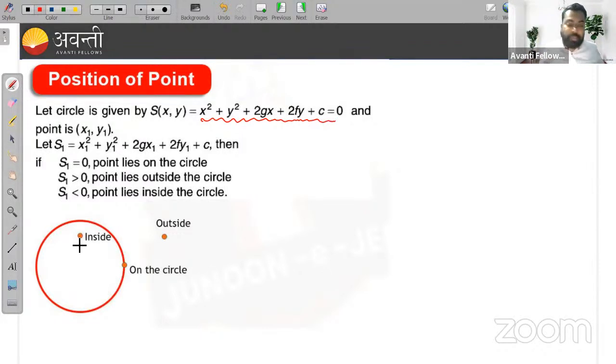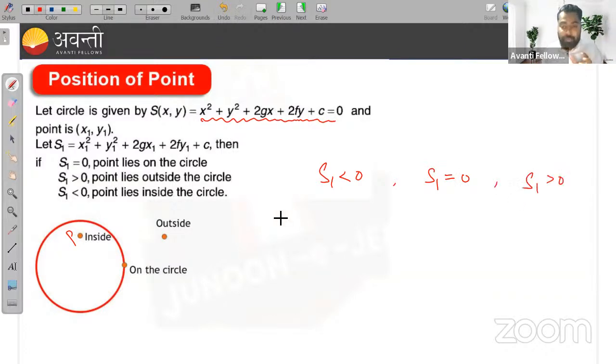So there are three conditions. If it is lying inside the circle, then S1 is less than 0. If it is lying on the circle, then S1 becomes 0. If it is lying outside the circle, then S1 is greater than 0.